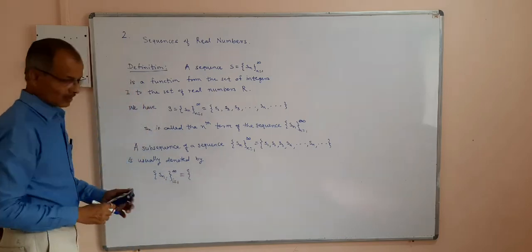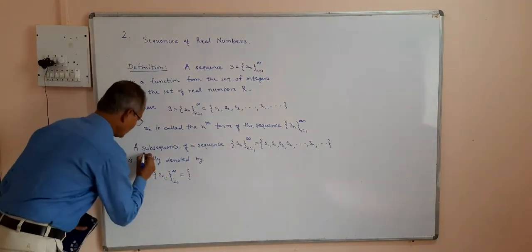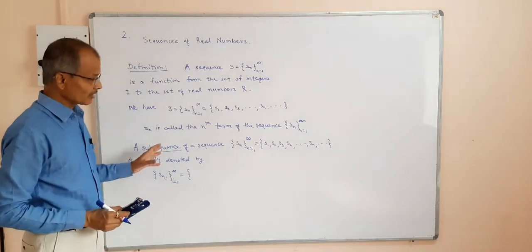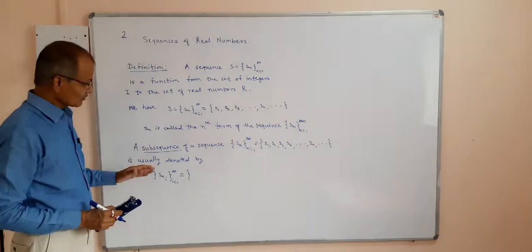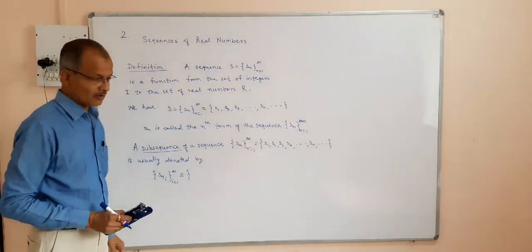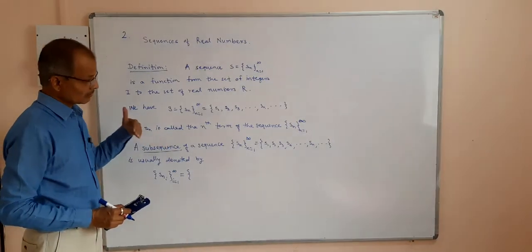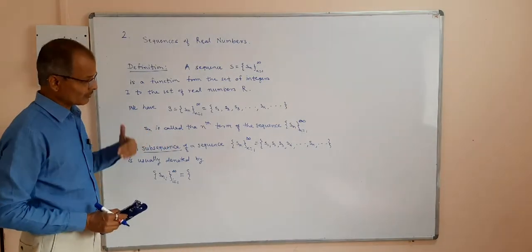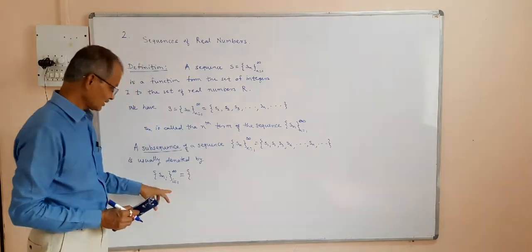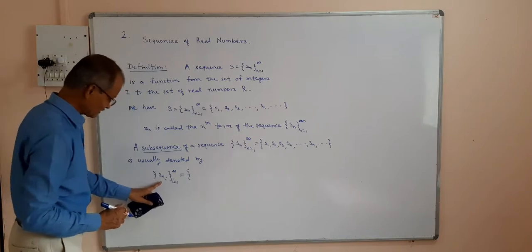You should note how the subsequence is denoted. A subsequence is a concept similar to a subset. That means a subsequence will have terms from the original sequence. Few terms are taken, or that may also be infinite, but the selected terms are taken in the subsequence, and these are denoted by Sni.